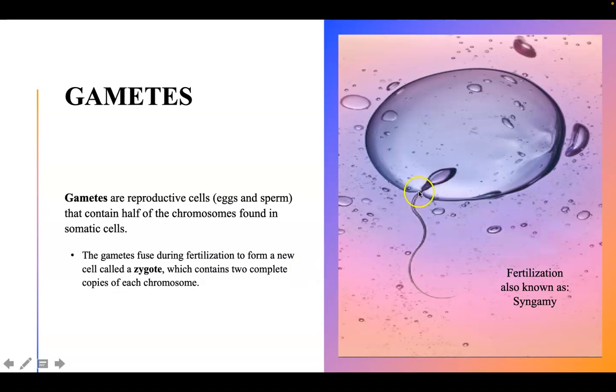So fertilization is happening here. Half of our genetic information coming from dad is combining with half of the genetic information that is coming from mom. And at that point, a zygote will form, which just means it's now a diploid cell that has genetic information from both mom and dad. And that fertilization process can also be called syngamy.